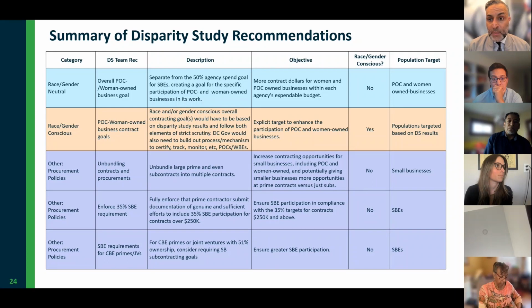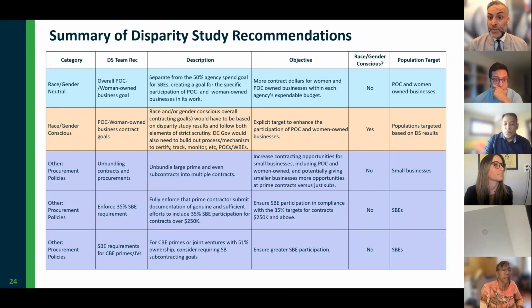And then we also offer a number of recommendations around race and gender neutral measures that we think POC and woman-owned businesses can benefit from, but also all businesses can benefit from, because it'll make it easier to engage with DC government, especially for small businesses that are trying to compete for that work.